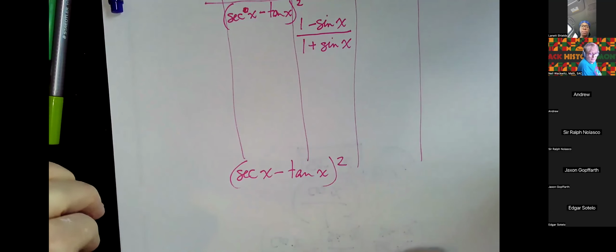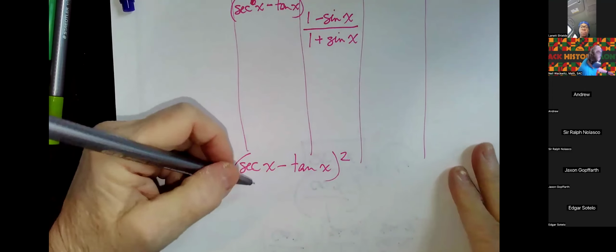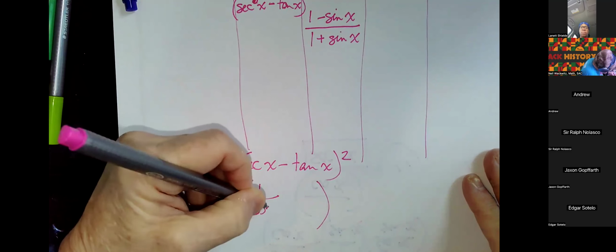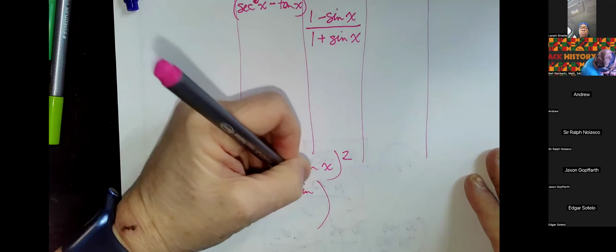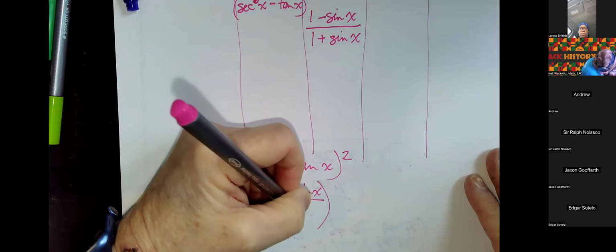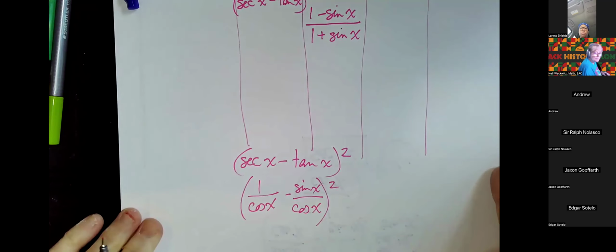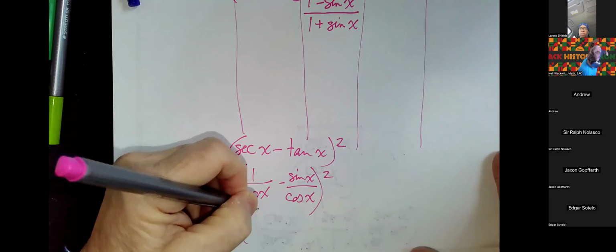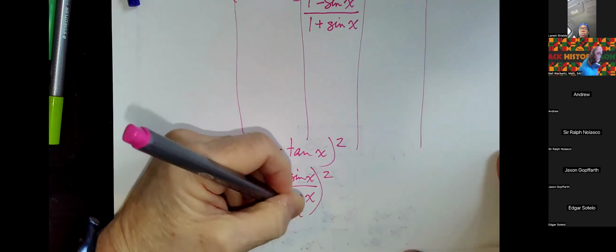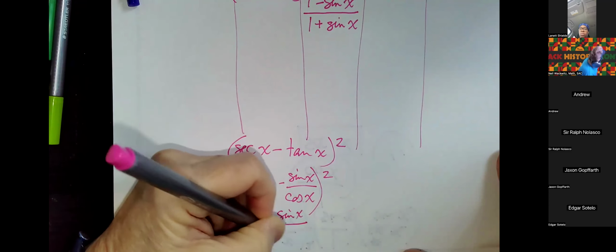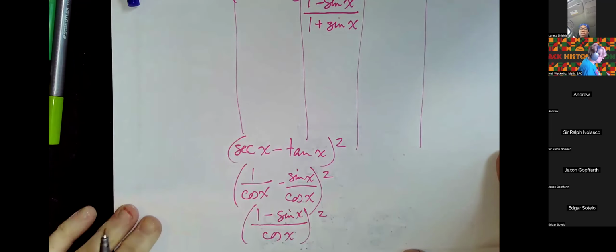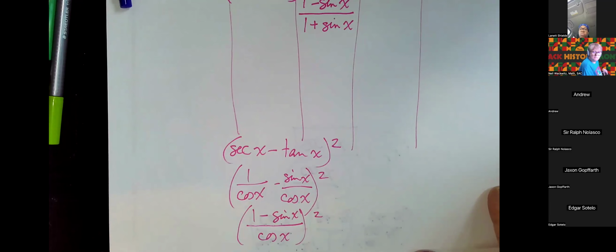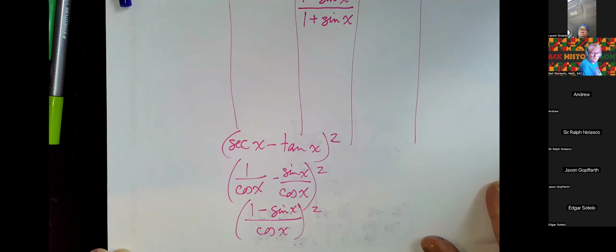Cosine. Yeah, so we can add that. So let's do that. We'll have 1 over cosine x minus sine x over cosine x all squared. And when we combine these, we'll have 1 minus sine x divided by cosine x all squared. So far, so groovy.